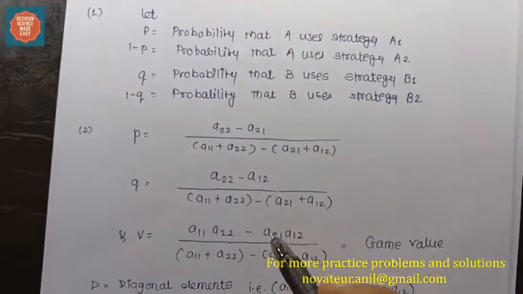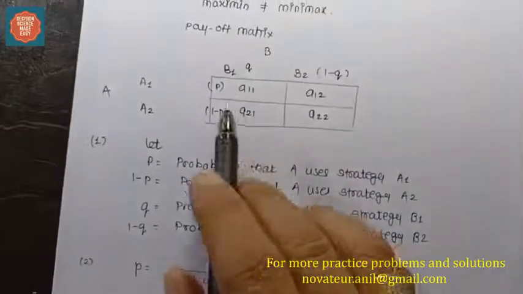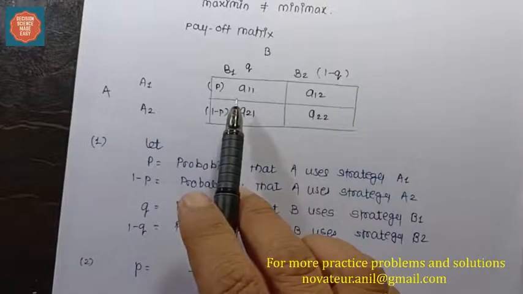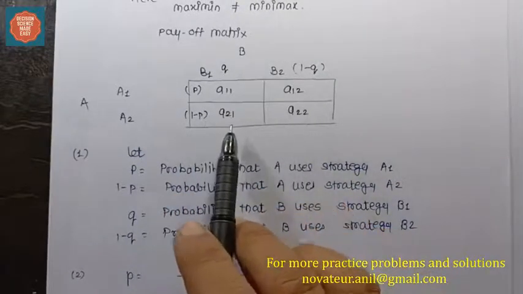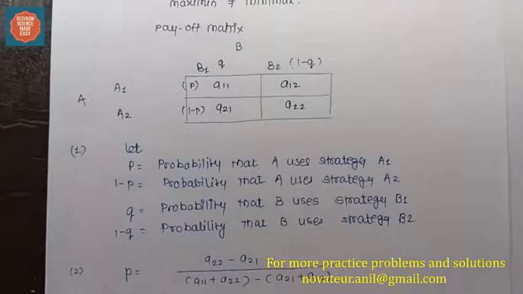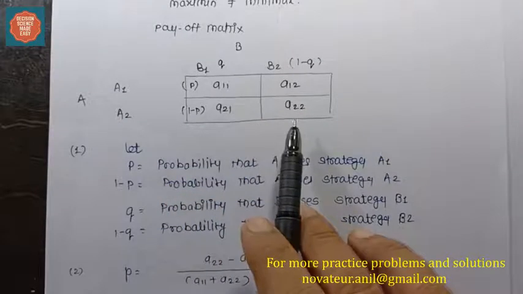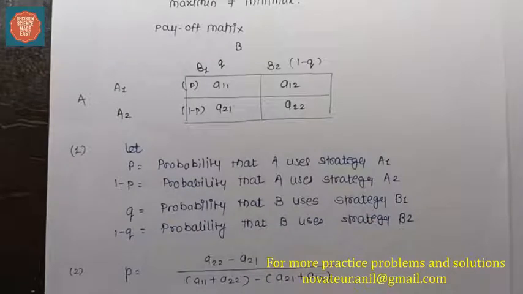So here we have some formulas for P. If I am representing this payoff matrix with this kind of nomenclature like A11, A12, A21, A22, then my formula for P is nothing but (A22 minus A21) divided by (A11 plus A22) minus (A21 plus A12).